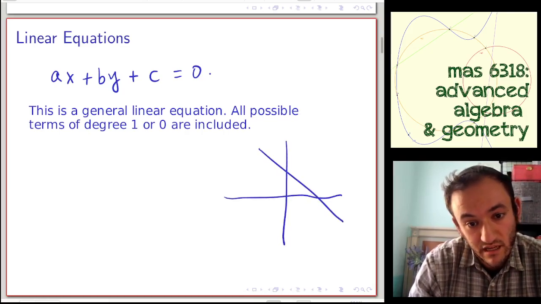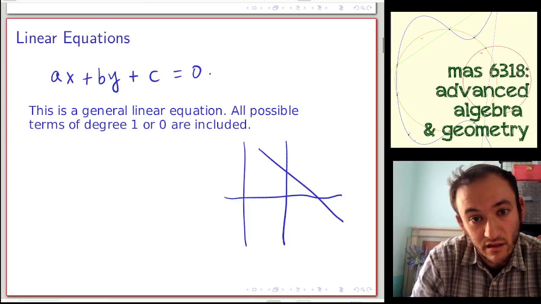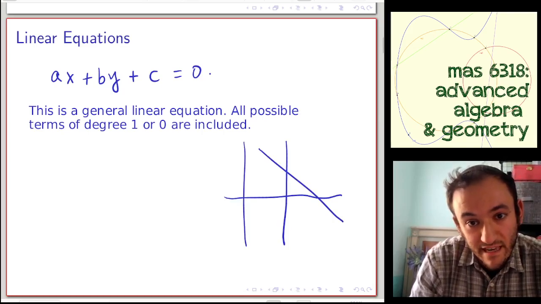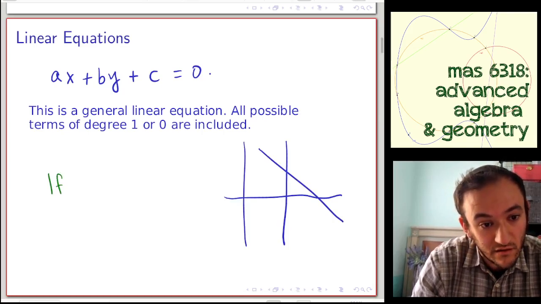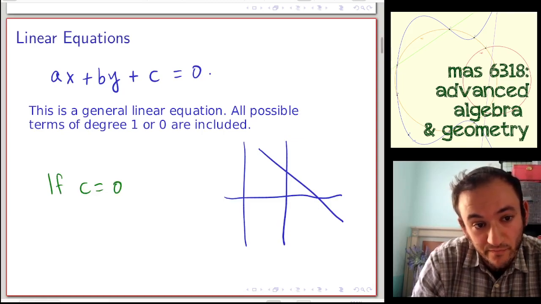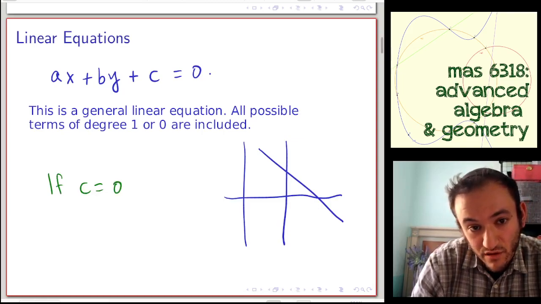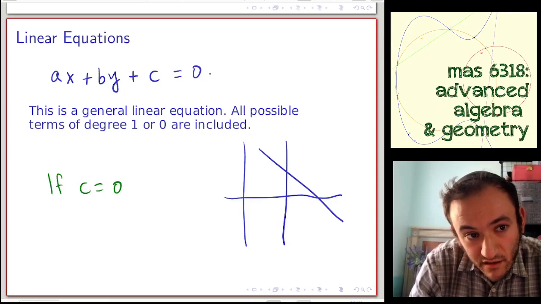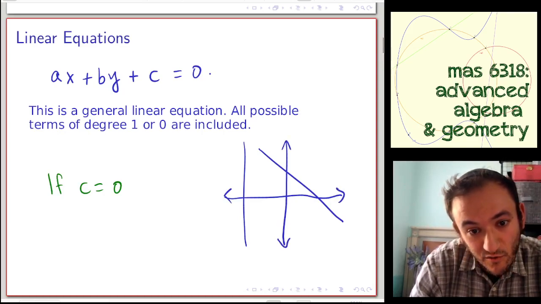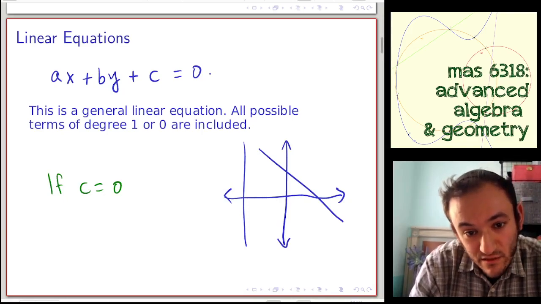So we get a line here. In the case where, for example, c equals 0, then we've got lines through the origin. Let me make clear that this is the coordinate axes.